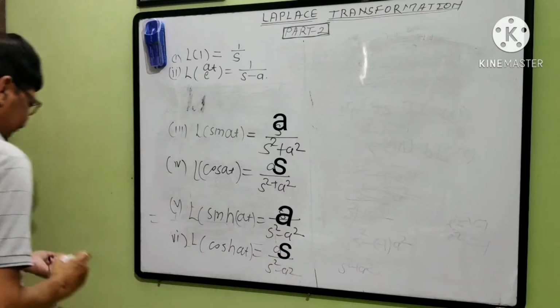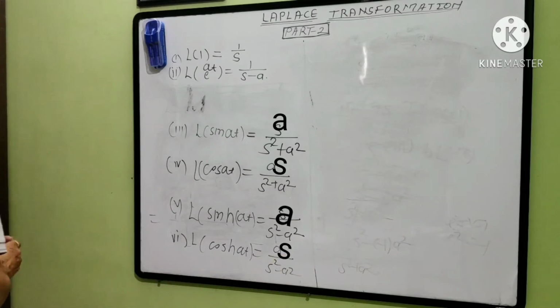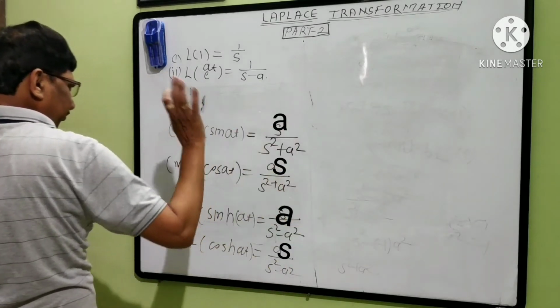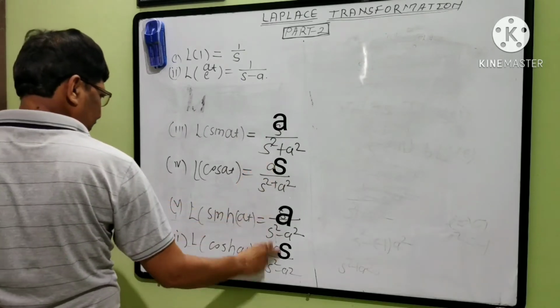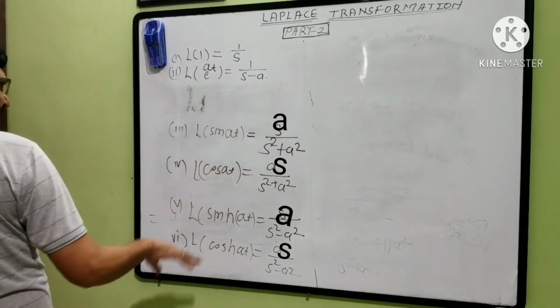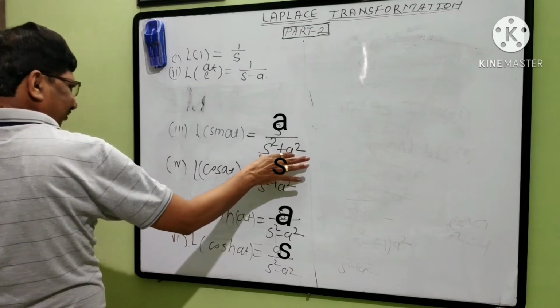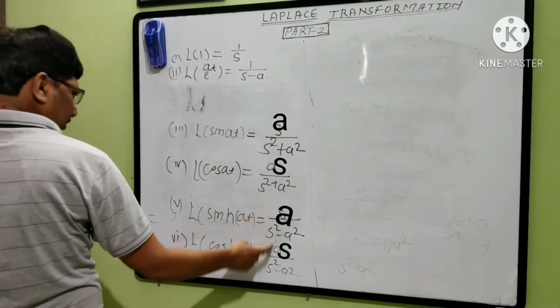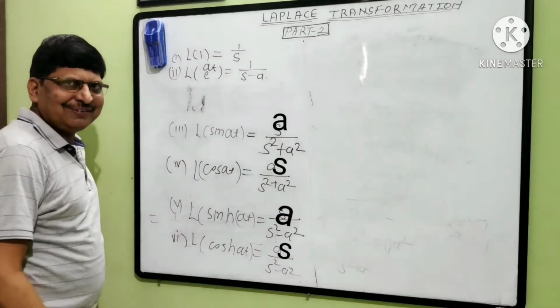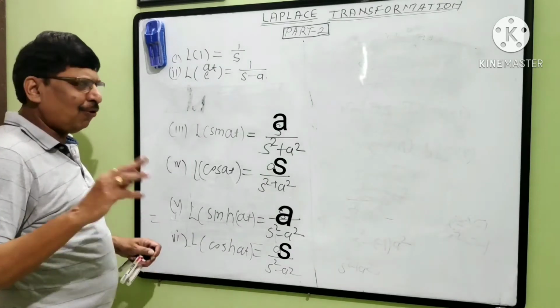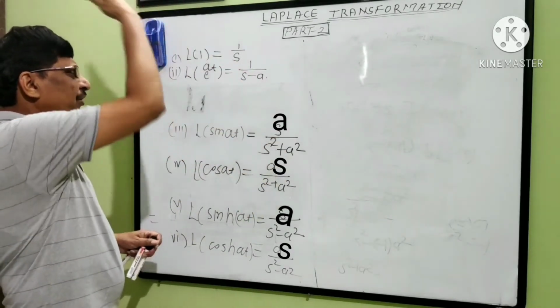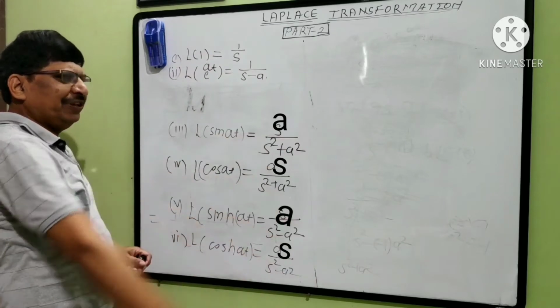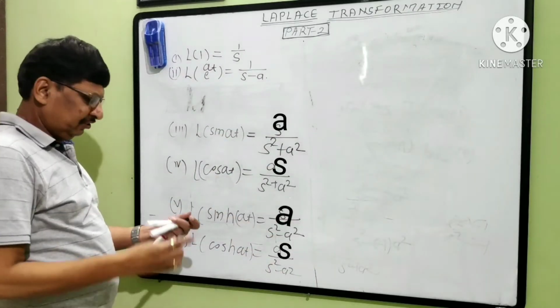Keep in mind two points. A is for sine, s is for cos. For simple functions, s square plus a square. For hyperbolic functions, s square minus a square. These are the 4, and in the previous video we derived the other 2. Means in total there are 6 formulae.